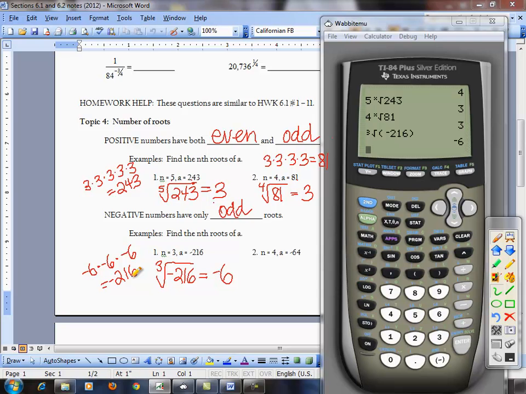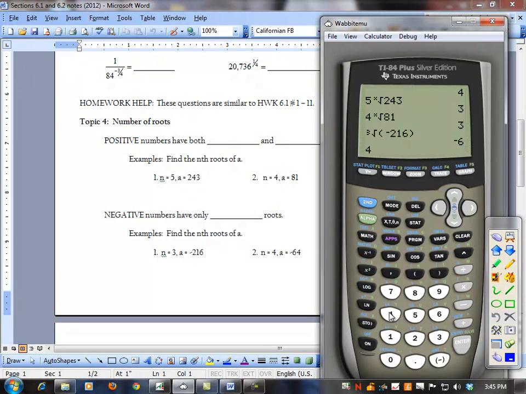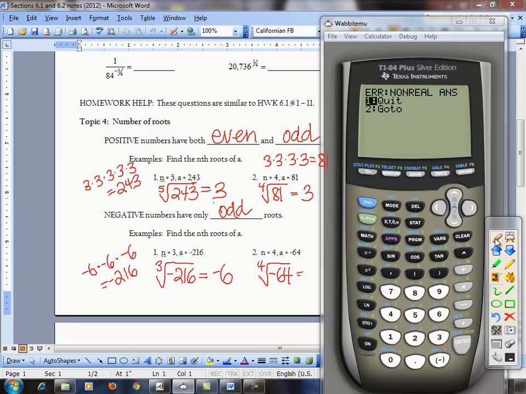If I try to do an even root, if I try to take the 4th root of negative 64, let me show you what happens. The 4th root of negative 64 says non-real answer. And let's talk about why.